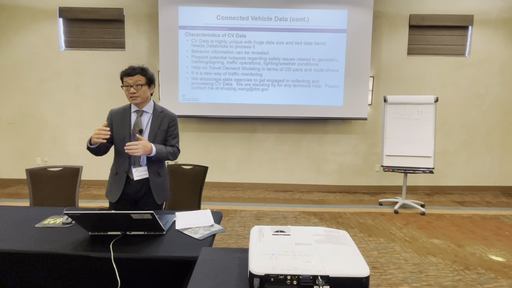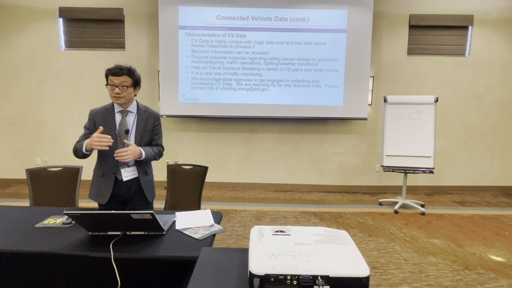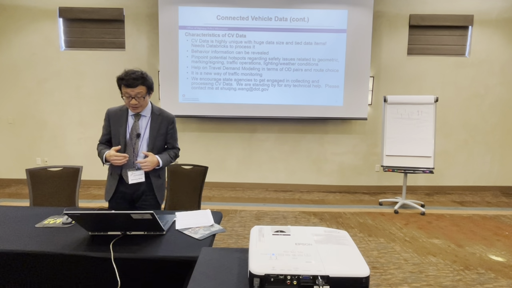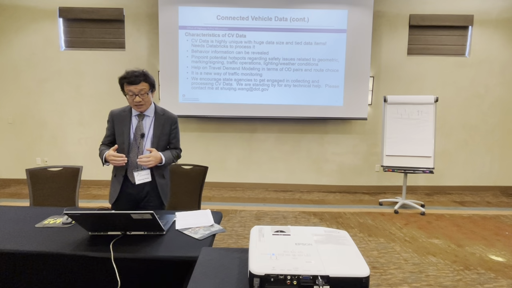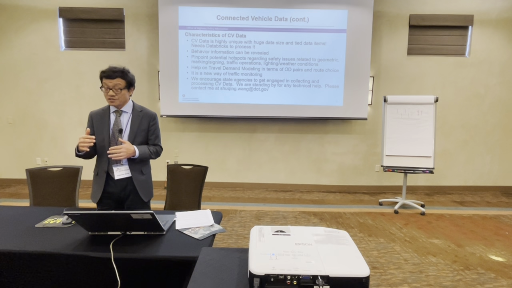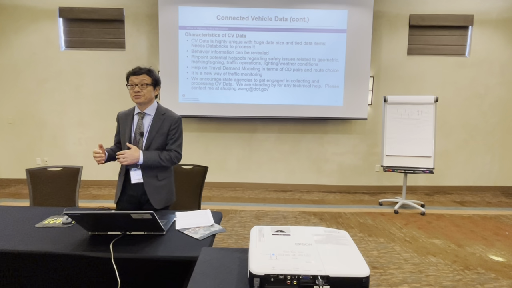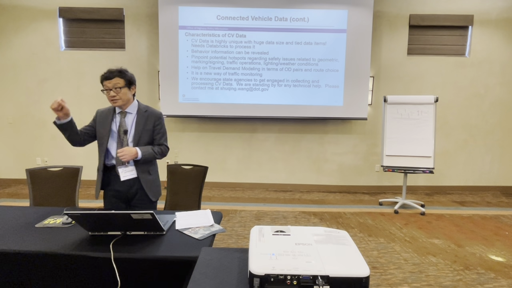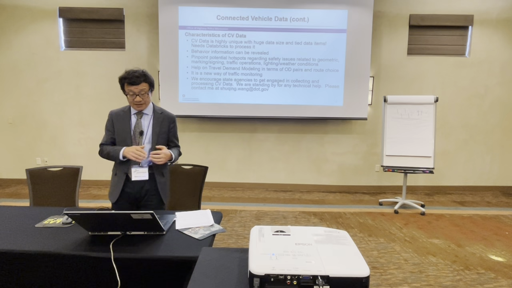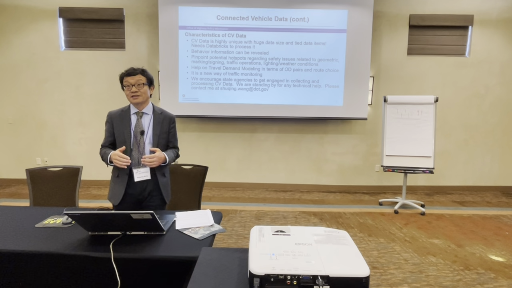CV data provides more insight into the traffic. For example, it can tell us about travel and traffic behaviors, and it allows us to pinpoint potential spots over a map for safety issues related to the curvature of the geometry, marking, signing, and weather conditions.